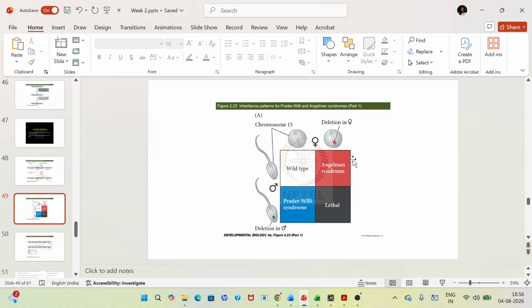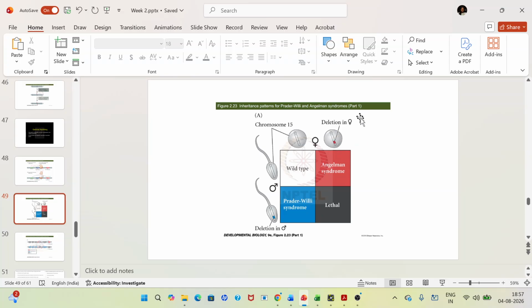So what happens is, particularly in case of chromosome 15, some genes are there in which both the copies need to be activated. In case of chromosome 15, both the paternal and the maternal chromosomes are activated, so it is showing a wild type of expression.